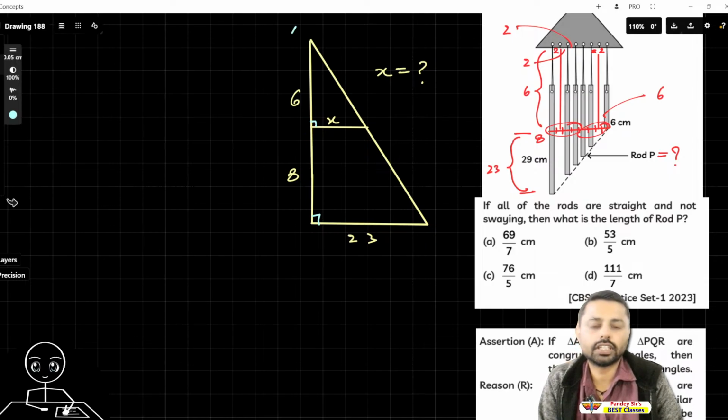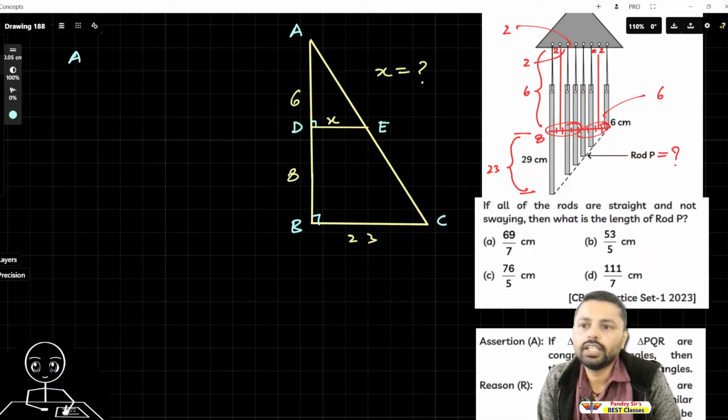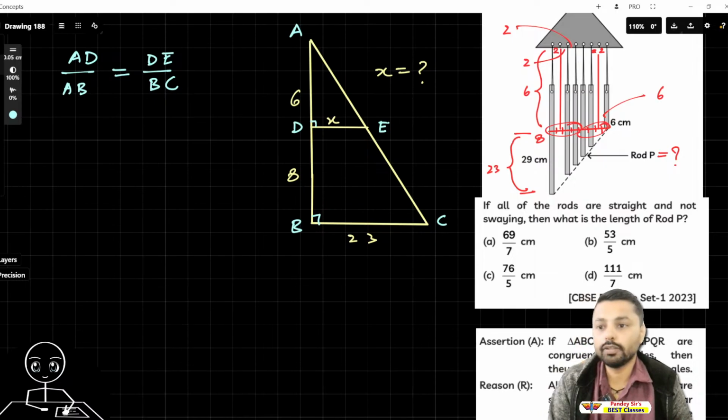Let's name this triangle A, B, C, and D and E. Now, according to the BPT, AD by AB must be equal to DE by BC. But do we have AB?